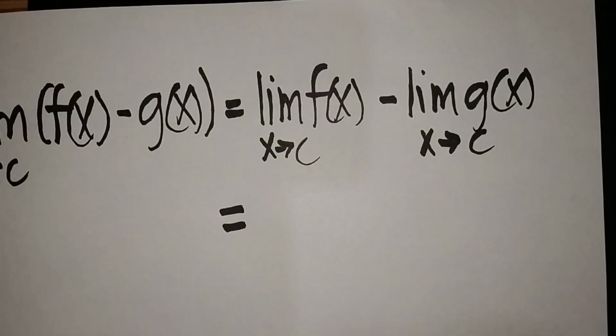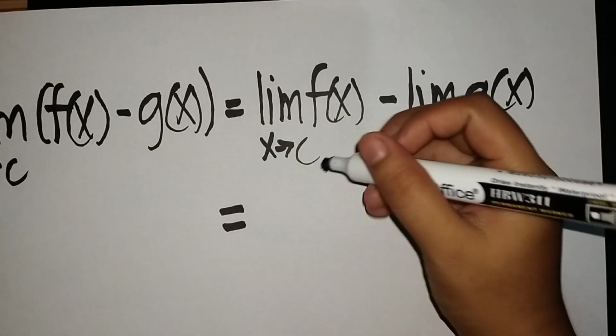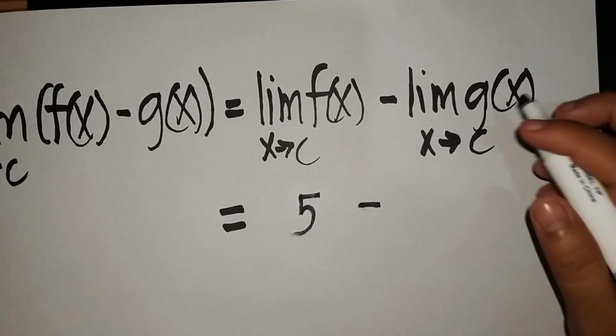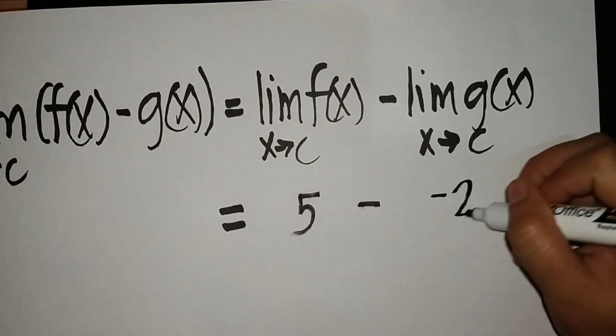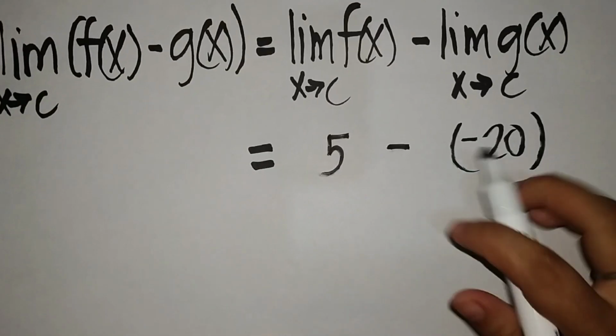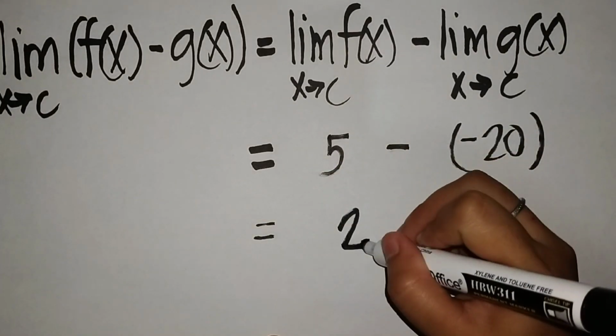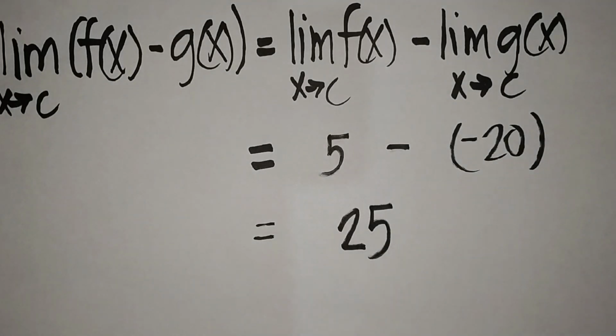So the limit is equal to 5 minus negative 20, which is equal to 25.